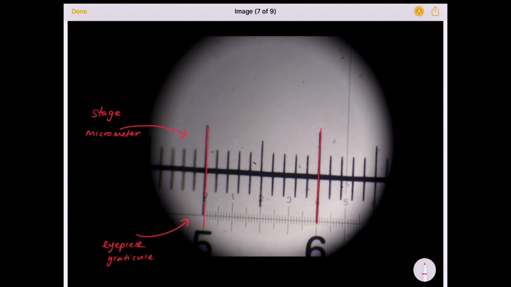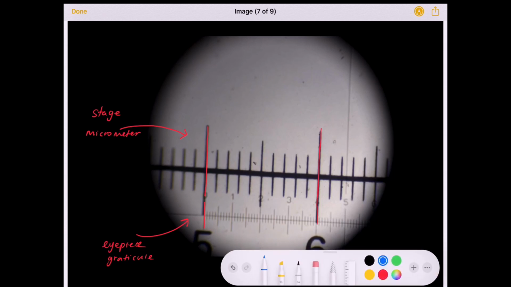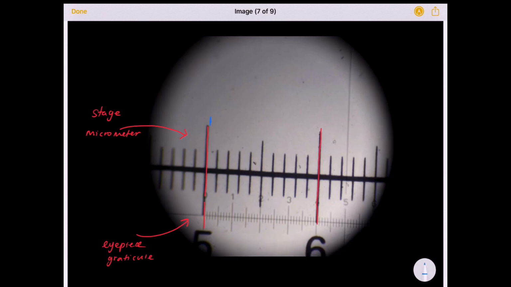So in this case, if you have viewed your cheek cells under 40 times magnification of your objective lens, you make sure that this calibration is also done under 40 times. So now, let's calibrate the eyepiece using the stage micrometer. You can observe that here, you have 10 divisions of stage micrometer.